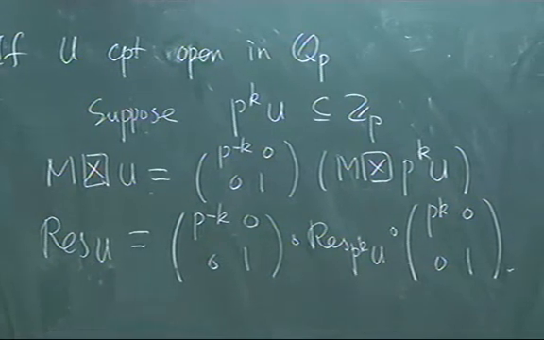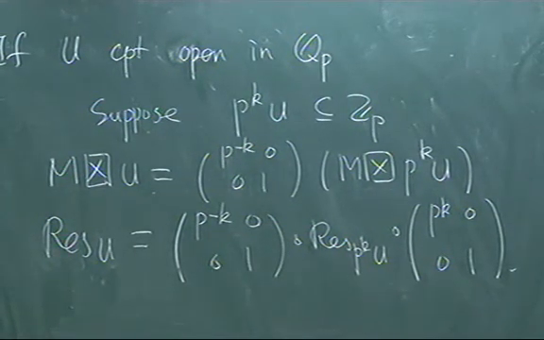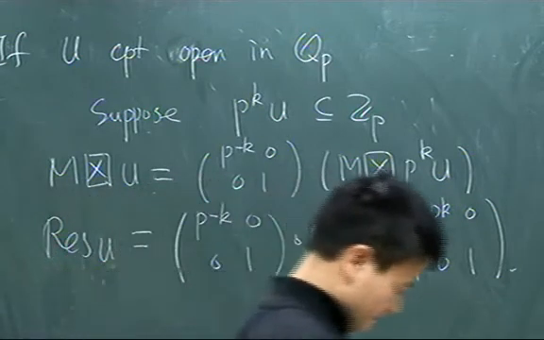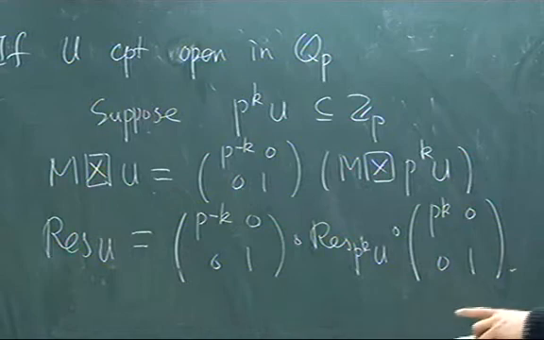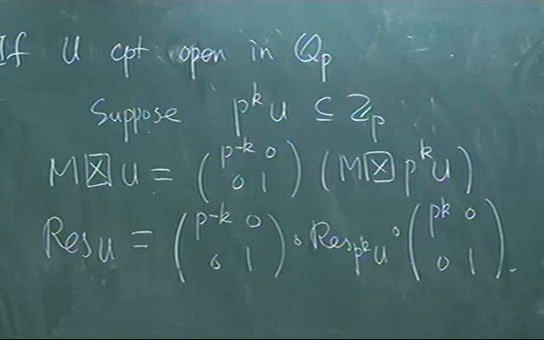With this restriction, we can get a real map from here to here. Then this restriction again satisfies the properties here. Yes, of course.